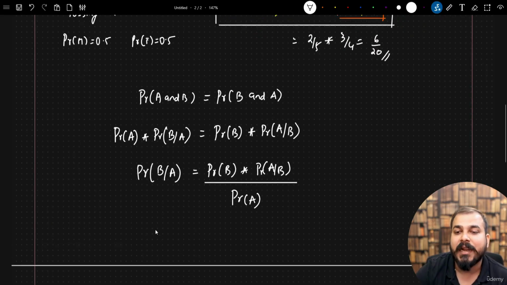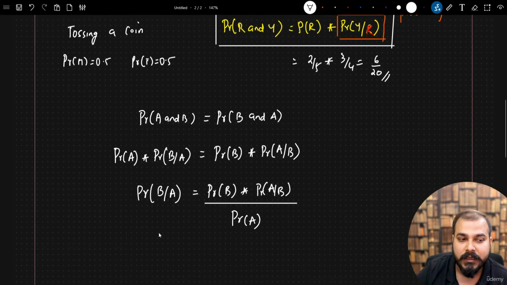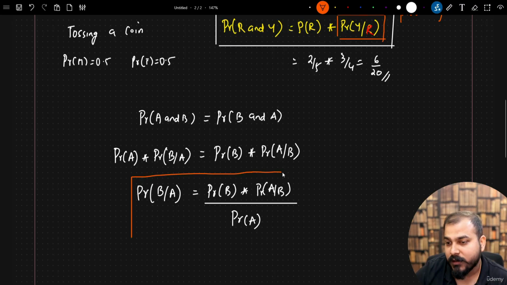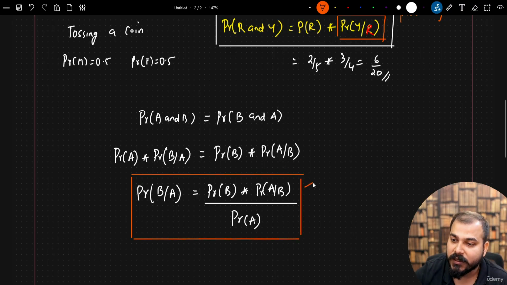So this equation that we get, this is nothing but Bayes' theorem. I'll make you understand the importance of it and what we can do with it. This equation is called Bayes' theorem.